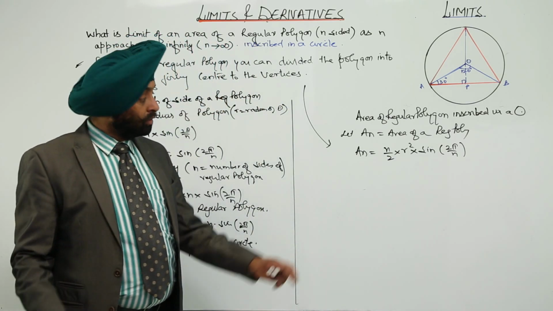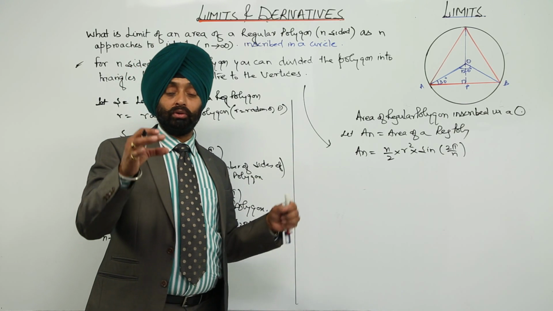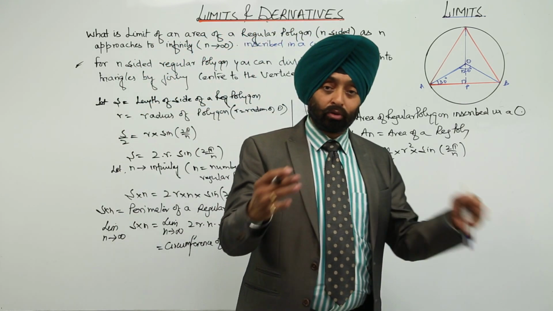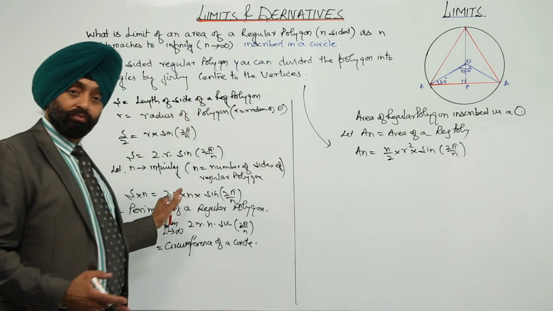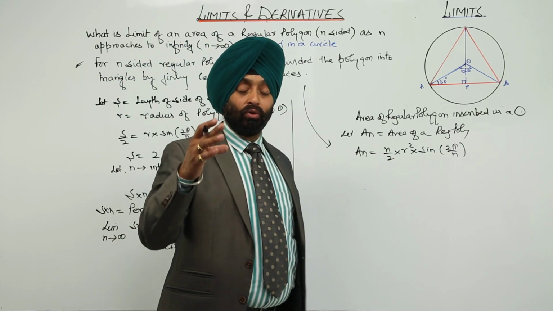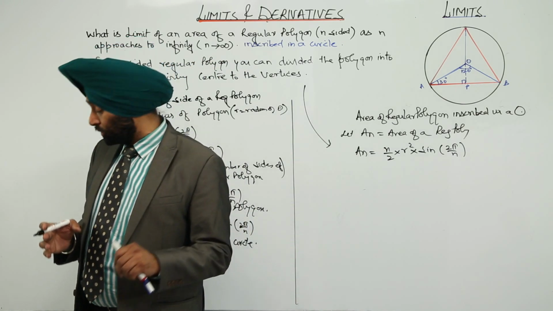Now why I didn't teach you this first: because here we are going to use some property for the limits of trigonometry. We are going to do that later on. So that's why I took this thing first. Okay. So now this is the area of the triangles. If you remember, you have gone through a chapter on circles.